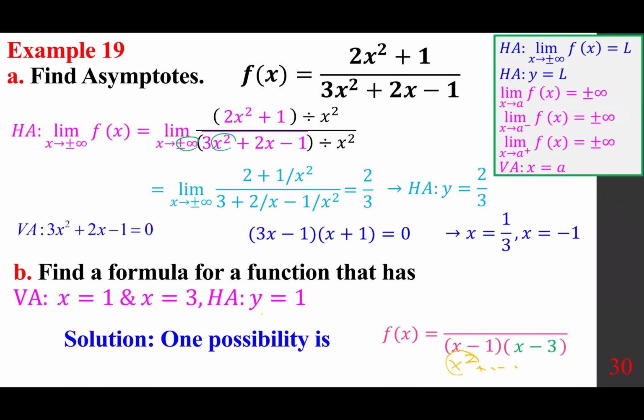Because y equals 1 represents a horizontal asymptote, the degree of the numerator must be the same. That means degree 2. And the leading coefficient must be 1, so we should have x squared. Now, the reason we say one possibility is that I could say x squared plus 5 or x squared minus 1 in the numerator. It makes no difference, it gives you the same answer.